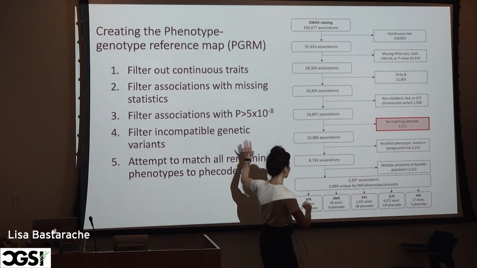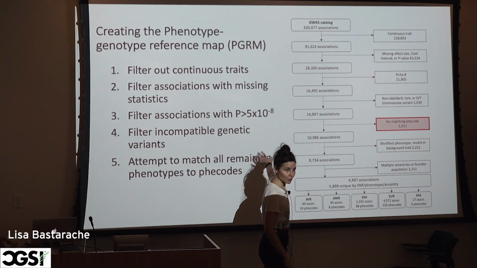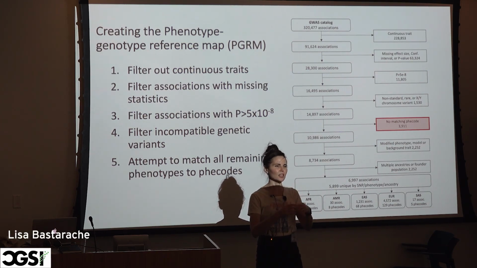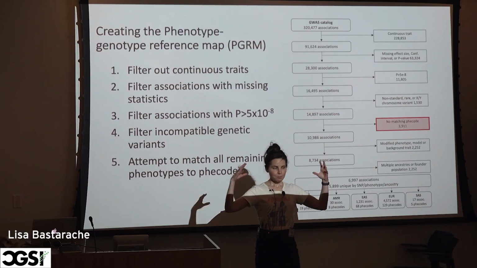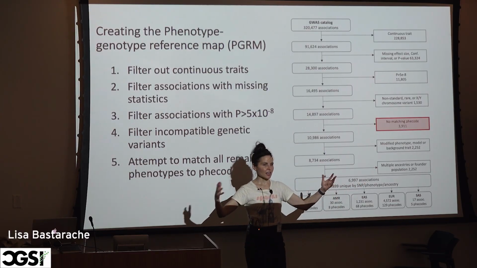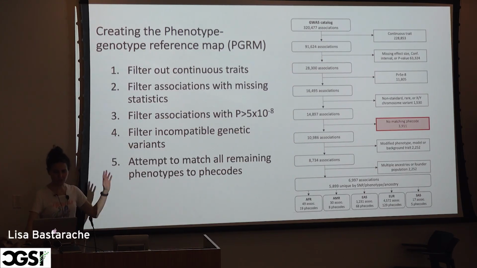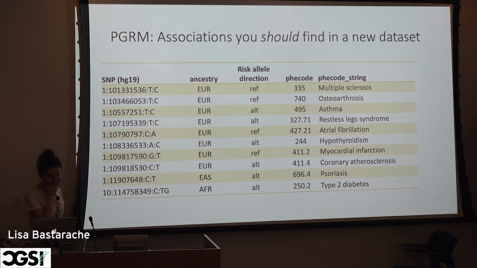So what we did was match EFO codes from the GWAS catalog to Phecodes, but we really attempted to only include studies that represented non-modified phenotypes ascertained in the adult population, if that makes sense. We also did a lot of allele flipping and so on. This is what the PGRM looks like. Again, we have a package on GitHub that you can download.